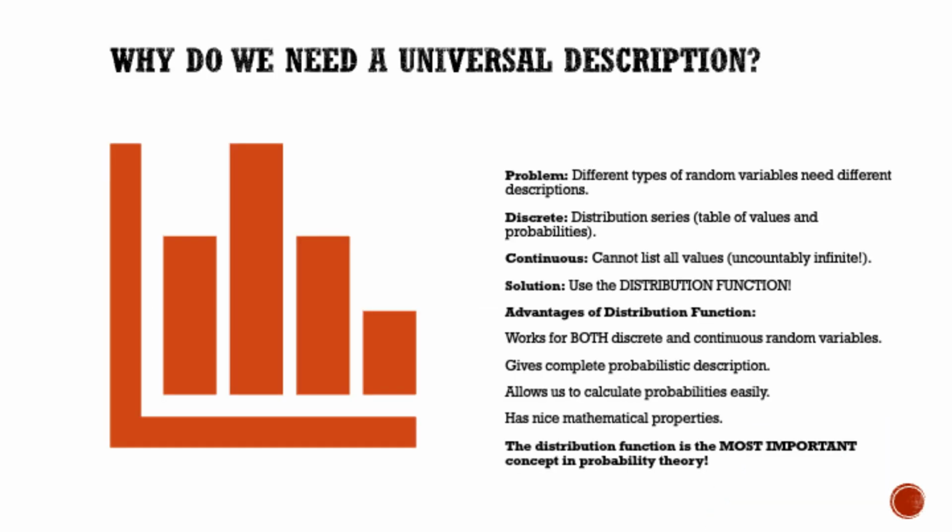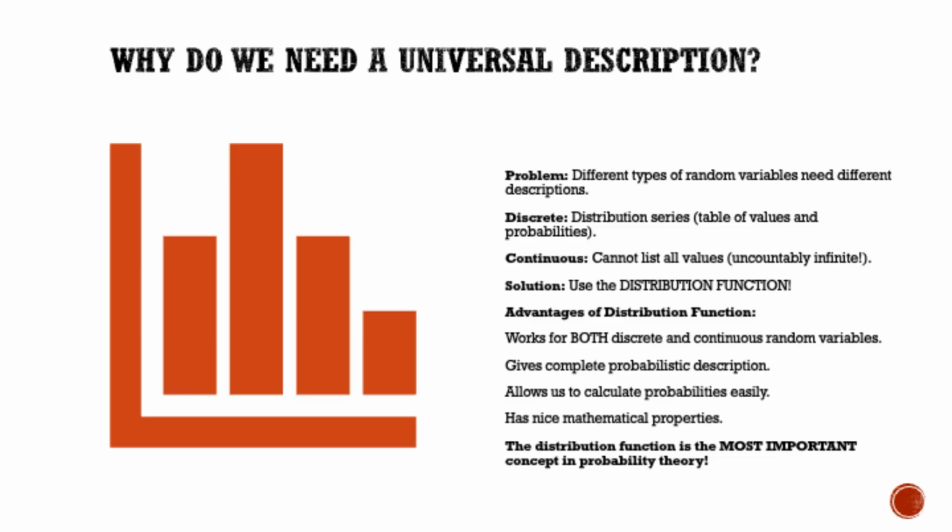So why do we need a universal description? The problem is that different types of random variables require different descriptions. For discrete variables, we can use a table of values and probabilities. For continuous variables, we cannot list all values because there are uncountably infinitely many. We need a unified approach that works for both. The solution is the distribution function.